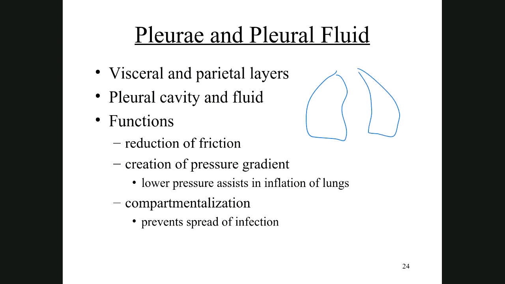The pleural membrane surrounding this one is separated from the pleural membrane on this side. It's independent of each other. By compartmentalizing, if you have an infection in the right lung, it doesn't interfere with the left-hand side.